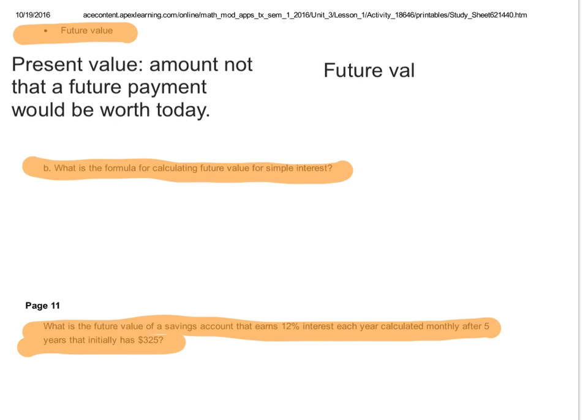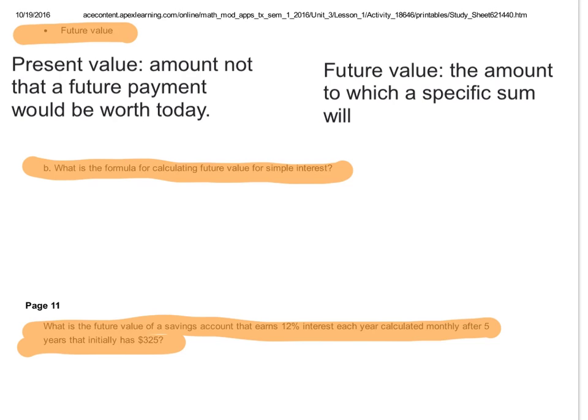Future value: the amount to which a specific sum will grow in the future.